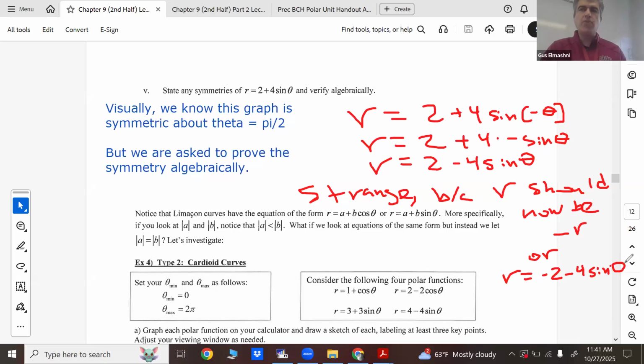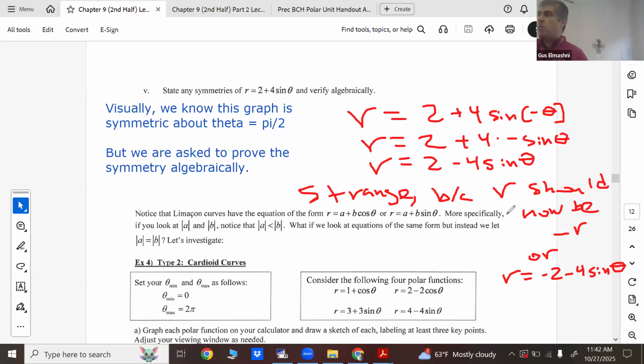When you change R from itself to negative R, you need all the signs to change. Even the 2 has to change sign from positive to negative. But that didn't happen. So sometimes you will run into that situation where replacing with negative theta doesn't work for us.